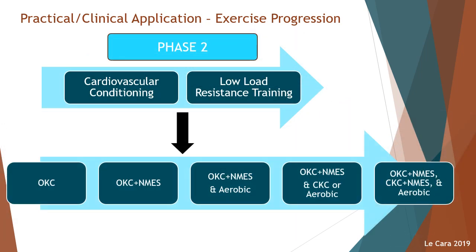Okay, and then within that same sub phase of the low load resistance training, you can actually have a nice progression across the types of exercises that you're prescribing. Open kinetic chain is usually single joint and or single muscle targeted, more so than your multi-joint closed kinetic chain exercises, right?